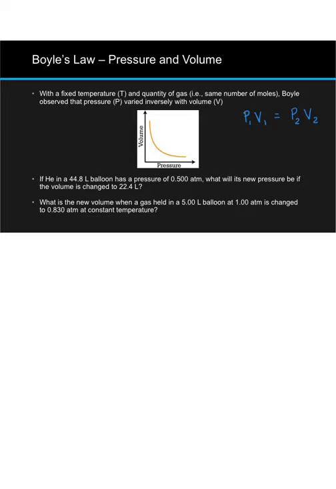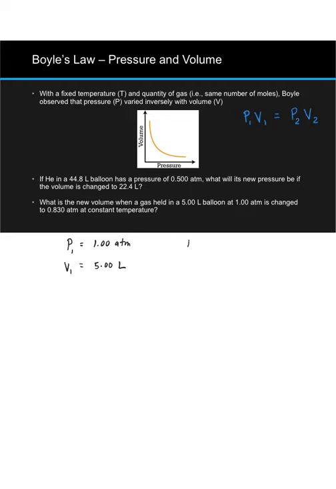Here, pressure is decreasing, so we should anticipate that the volume will increase. Again, if we make a list of all the things that we know about, we know that at an original set of conditions, the pressure was 1 atmosphere, and the volume of our gas was 5 liters.